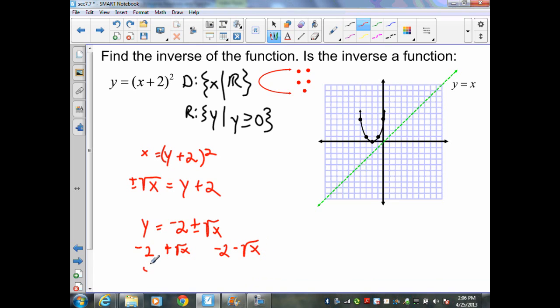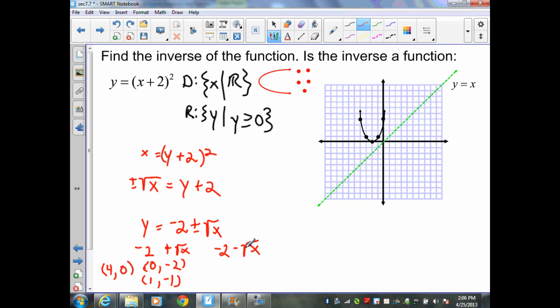If I substitute in 0 here, square root of 0 is 0, negative 2 plus 0 is a negative 2. If I plug in a 1, that's going to give me the square root of 1. Negative 2 plus 1 is going to give me a negative 1. If I plug in a 4, square root of 4 is 2, negative 2 plus 2 is 0.